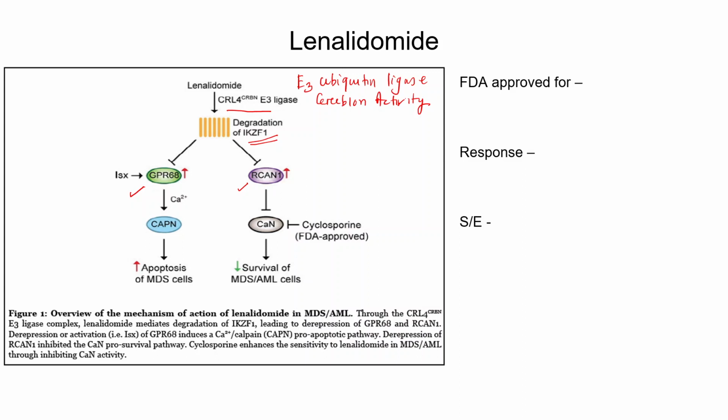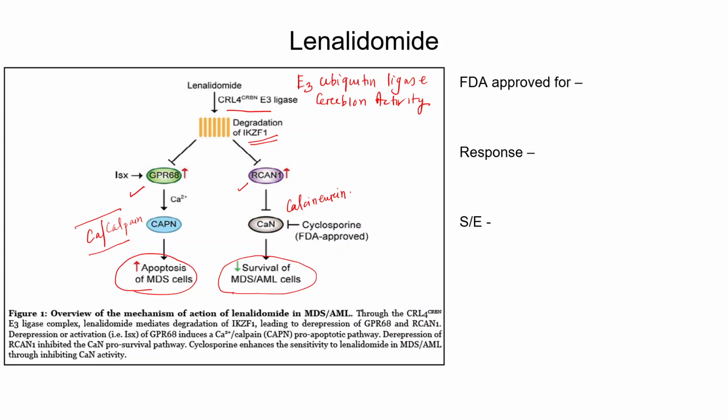So that will ultimately lead to an increase in calcium calpain and calcineurin. This increase in calcium calpain will cause increased apoptosis of MDS cells, and an increase in calcineurin will cause decreased survival of MDS and AML cells.